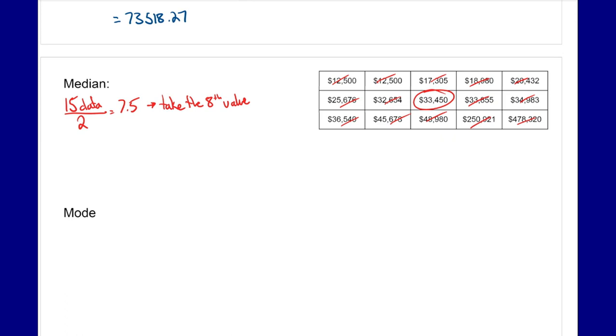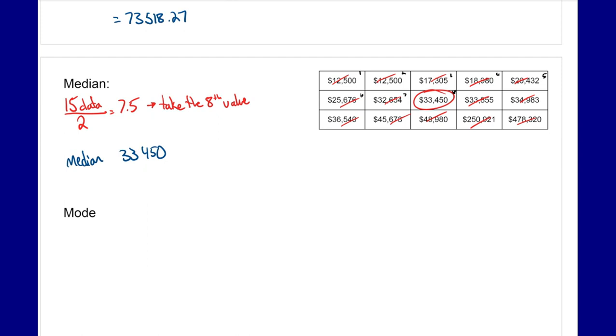So 7 and 7 on either side, and we have one data point in the middle. So we count to the middle: 1, 2, 3, 4, 5, 6, 7, 8. We take that value. Therefore, our median income is 33,450.